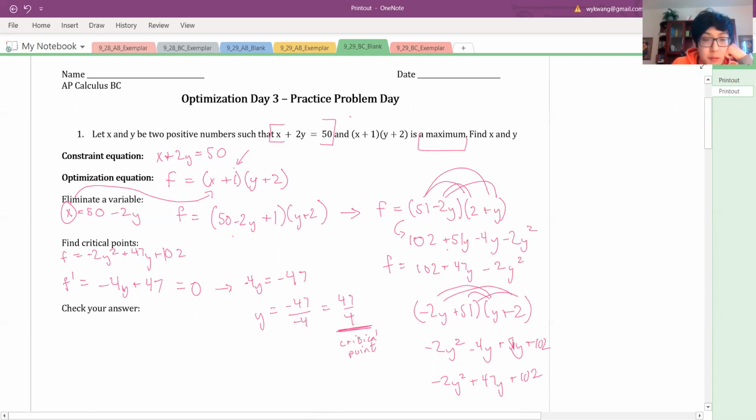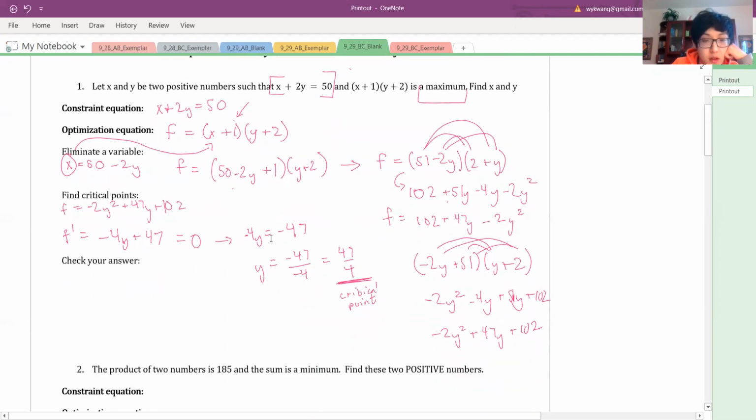Which means it's either going to be our maximum or minimum, right? We really quickly reviewed critical points yesterday and how critical points give us a 0 slope, right? And 0 slopes in a function happen either at the tops of the hills or the bottoms of valleys, right?